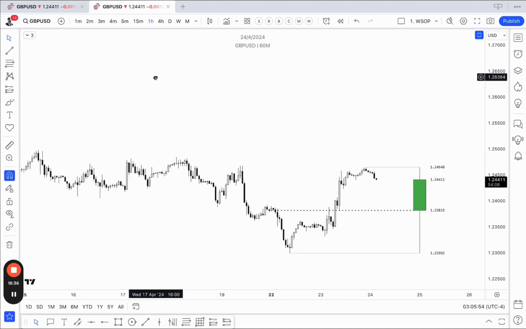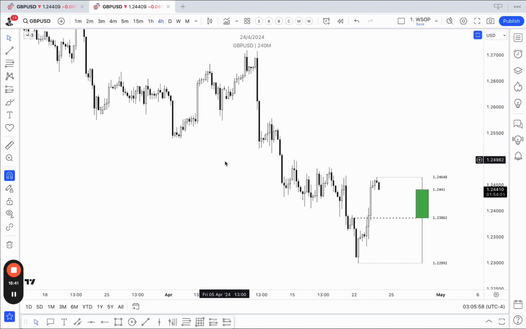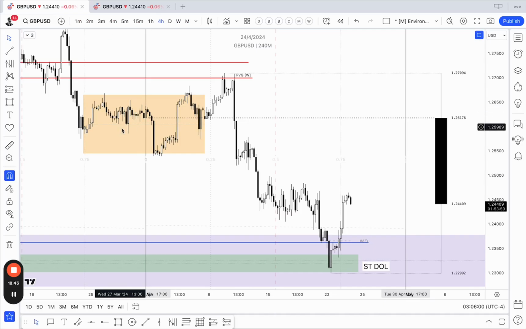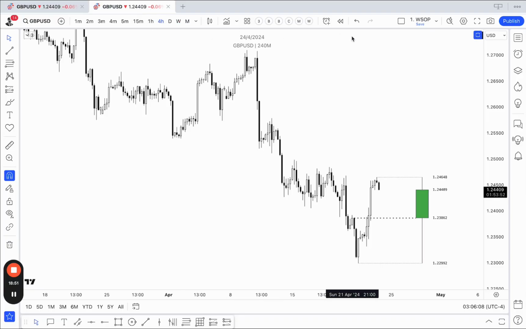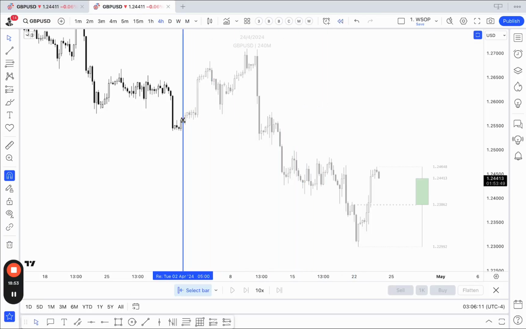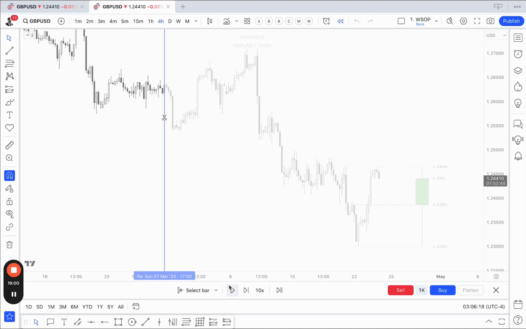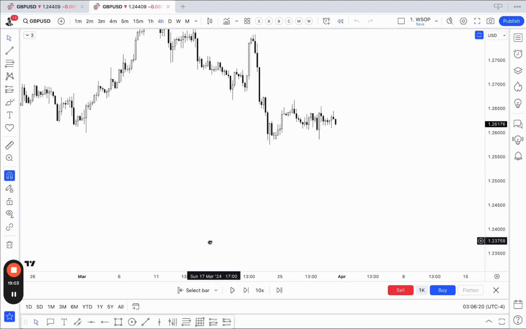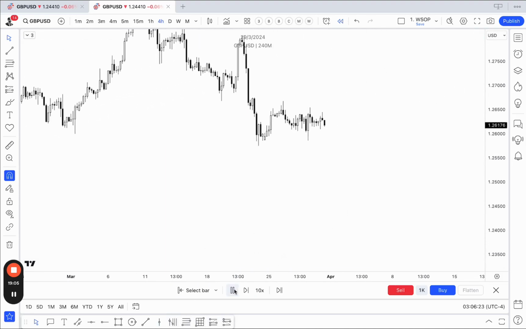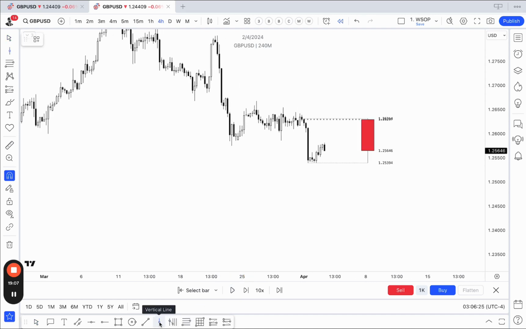Once we go into the weekly candle here, let's bring up that exact week. That would be Sunday the 31st. If we could see that candle as it delivers.